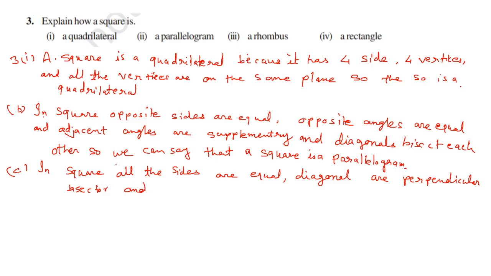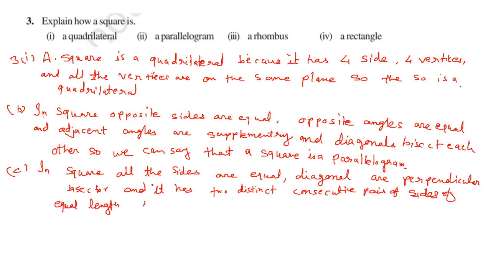That means it has two distinct pairs of consecutive sides of equal length. Hence, square is a rhombus.